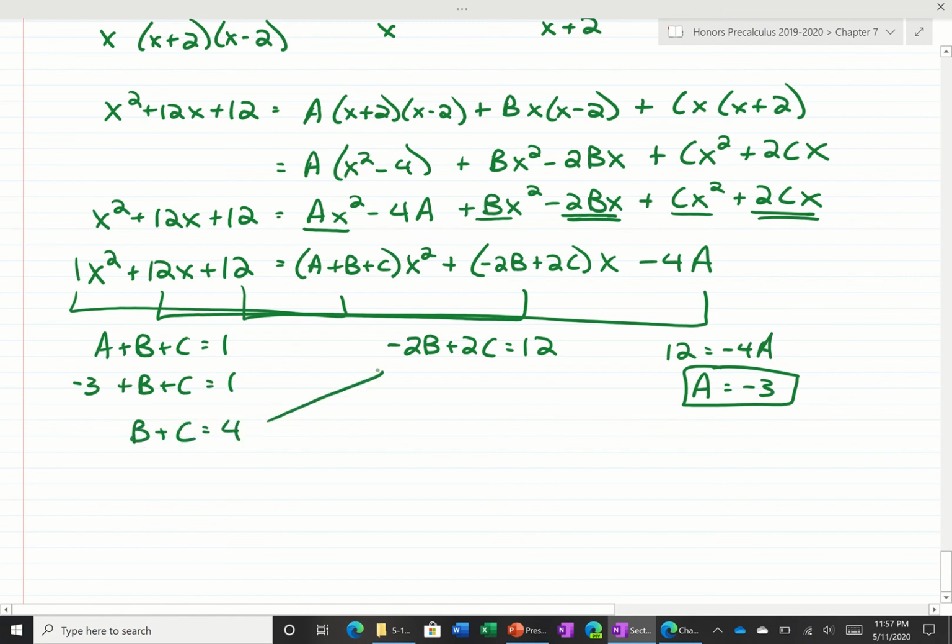And we actually could make a system out of these two equations. Multiply this top equation by 2.